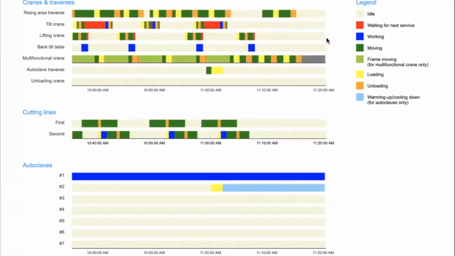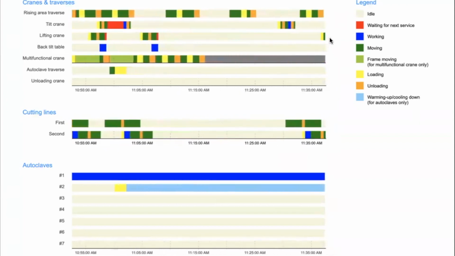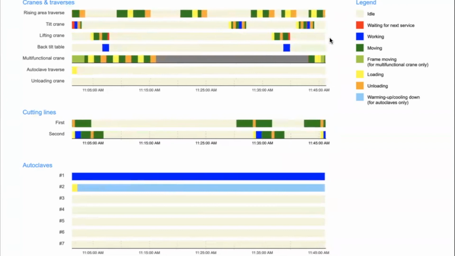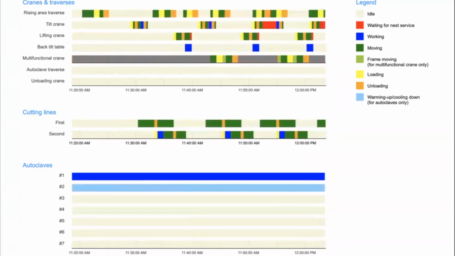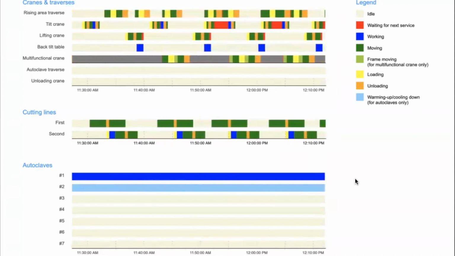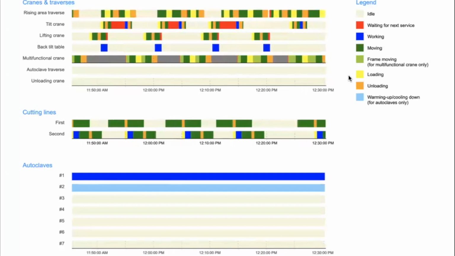We can see that in the red, indicating that they're waiting around and that our bottleneck is going to be right around there. And for the rest of it, we can understand that this is the one spot that's really holding up our system.